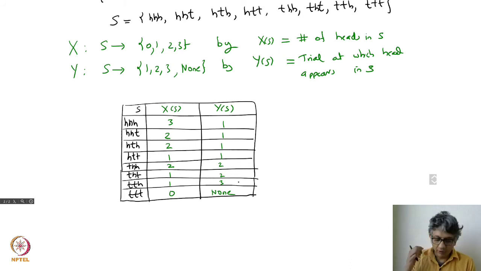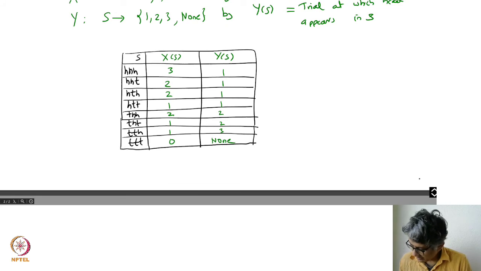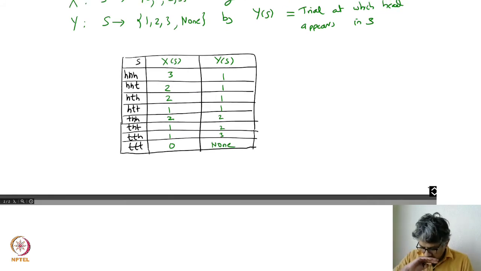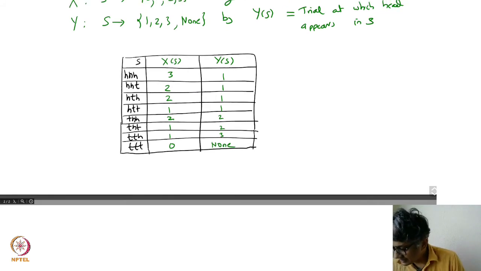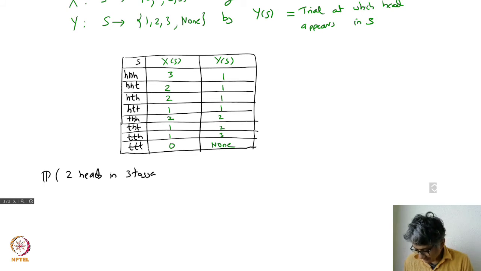So now, if you want to know the probability of, let's say, 2 heads in 3 tosses, right? What you could do is just go and see the elements of S for which x of s is 2. That's the same as saying you look at the inverse image of x when x is 2.